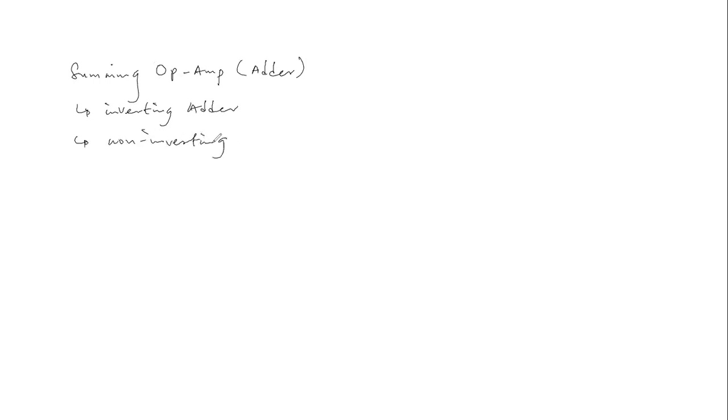For the summing op amp, or better still the adder, we have two variants: the inverting adder or summing op amp, and the non-inverting adder, or better still summing op amp. Okay, so let's begin with the inverting summing op amp.